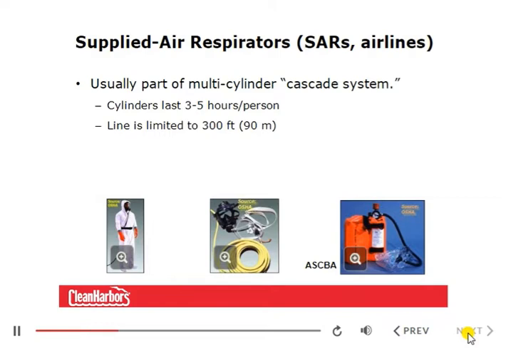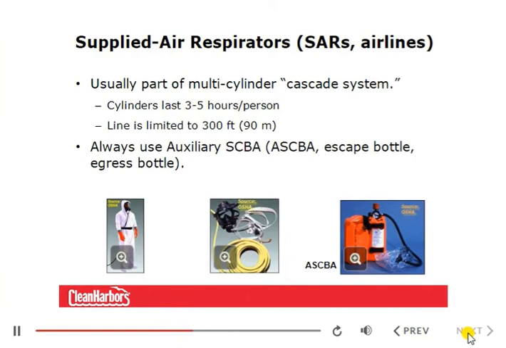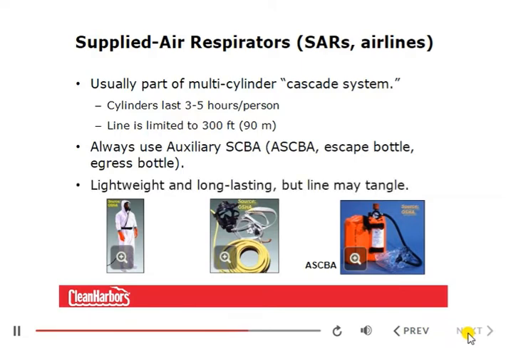Each cylinder lasts 3 to 5 hours per person, and lines are limited to 300 feet or 90 meters. These systems will always use an auxiliary SCBA, or escape or egress bottle. The benefit for this equipment is its lightweight design and duration of use. The downside is this line may tangle, so it requires the user to practice proper hose management.